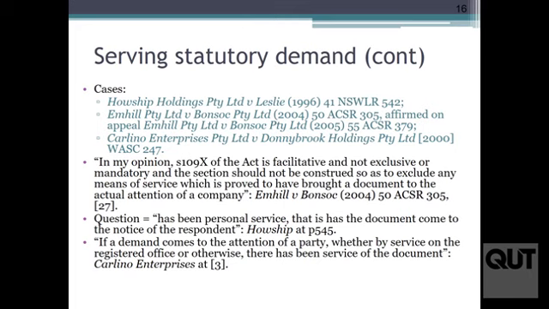So how do you show that the document has come to the notice of the company? The cases on your PowerPoint are examples. For example, in Carlino Enterprises, the statutory demand was served on the old registered office of the company, but nevertheless it was forwarded to the company and came to the company's attention. And this was held to constitute proper service despite the lack of compliance with section 109X.